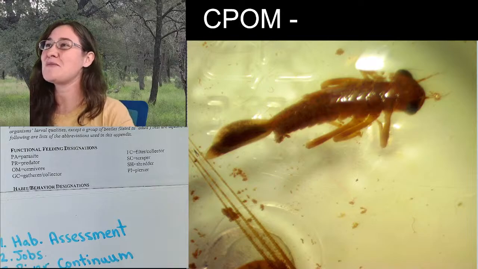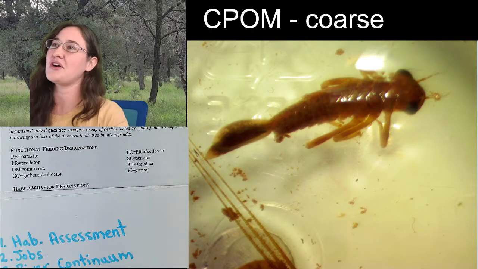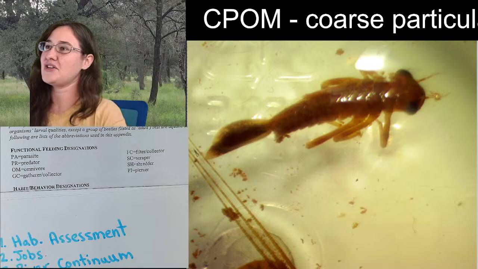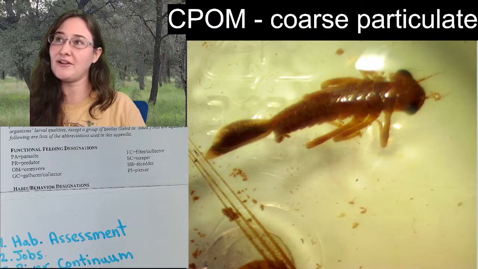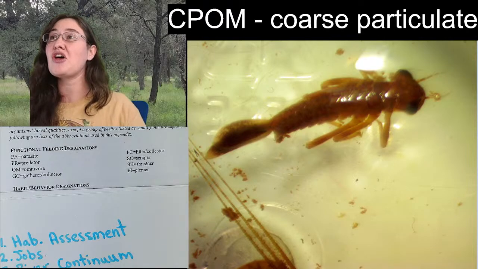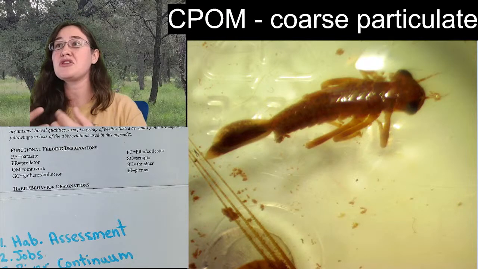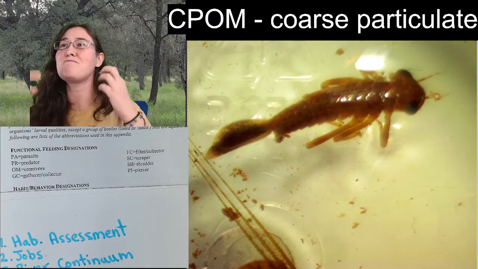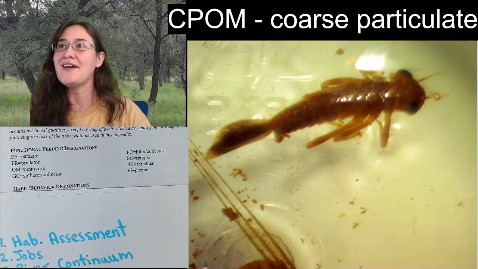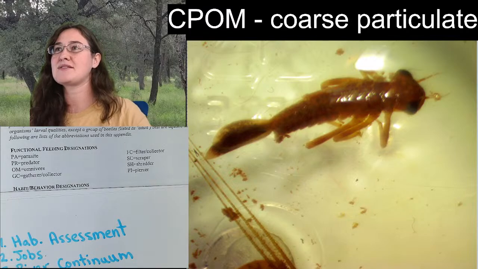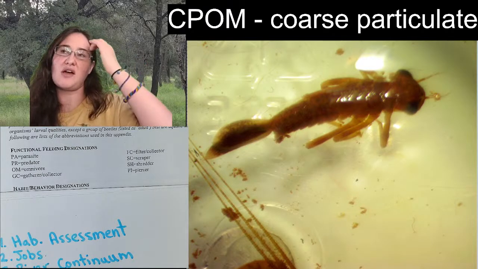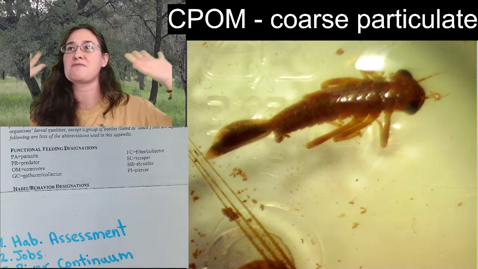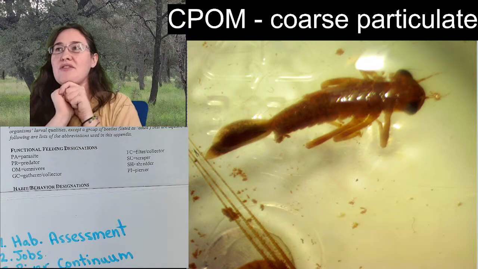So CPOM means coarse particulate organic material. When we're talking about CPOM in the water, that's any of the big pieces of organic material. So big leaves, big sticks, anything that is organic material coming from outside of the water and entering our water, that's CPOM.